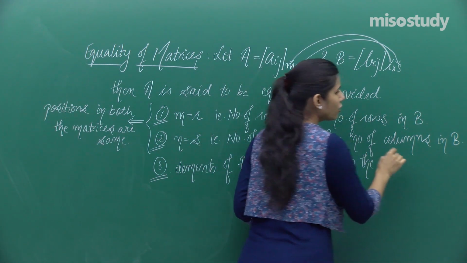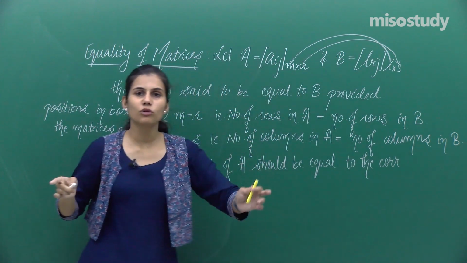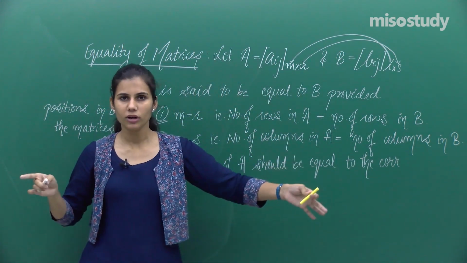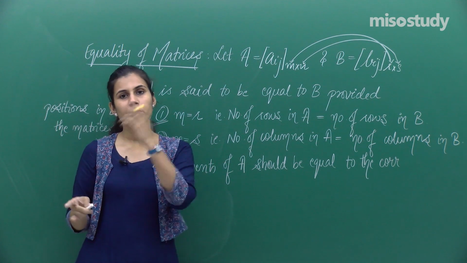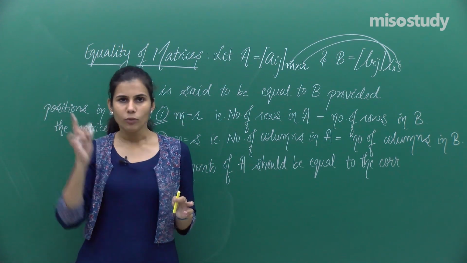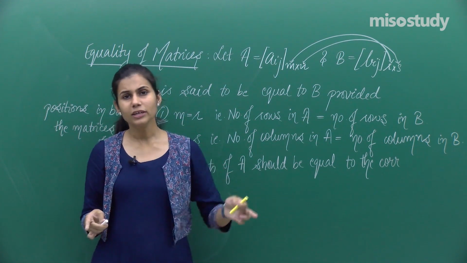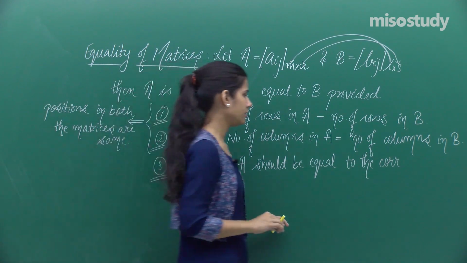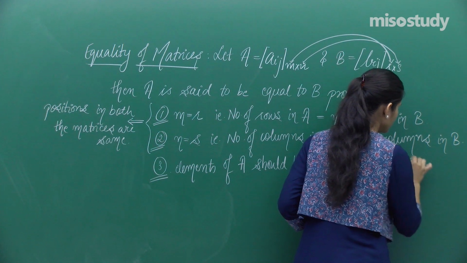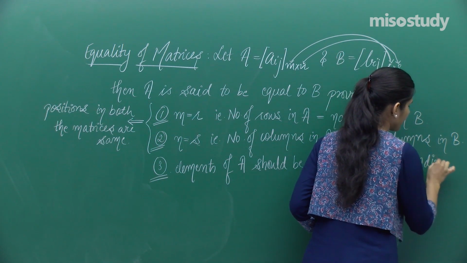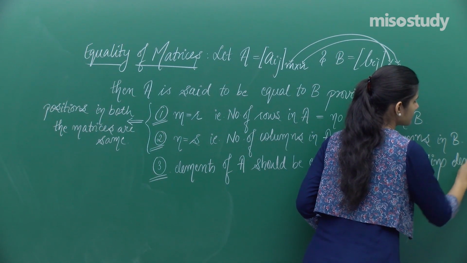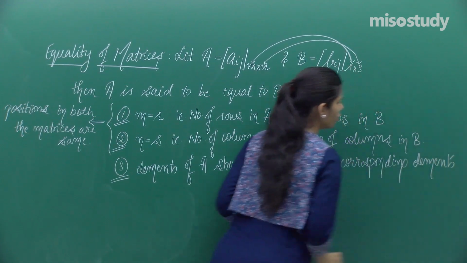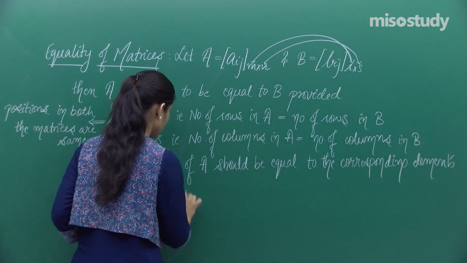Now I am not talking about the 1/1th element of matrix A being equal to the 2/2th element of matrix B. No. 1/1th element of matrix A will be compared to 1/1th element of matrix B. 1/2th element of matrix A will be compared to 1/2th element of matrix B. So corresponding elements have to be equal to the corresponding elements of B.